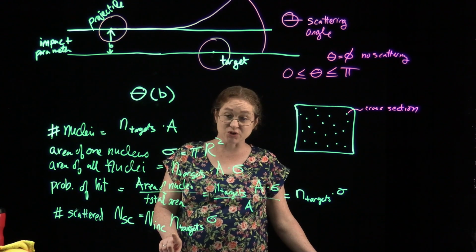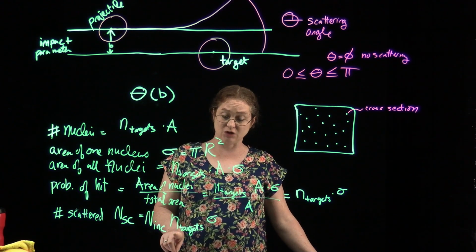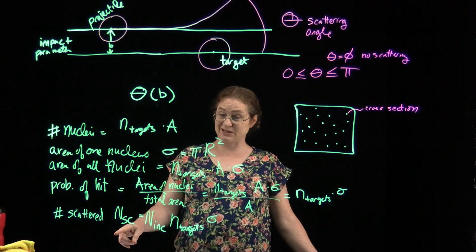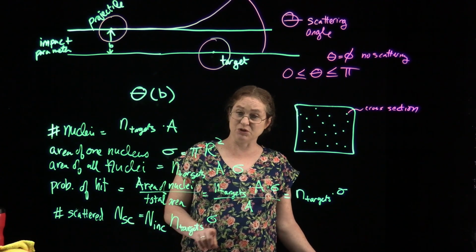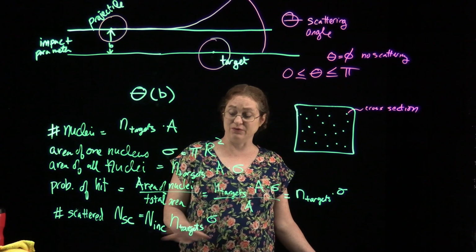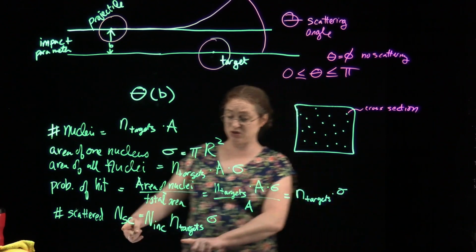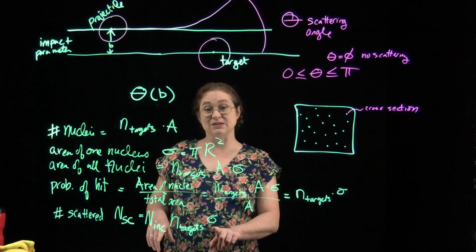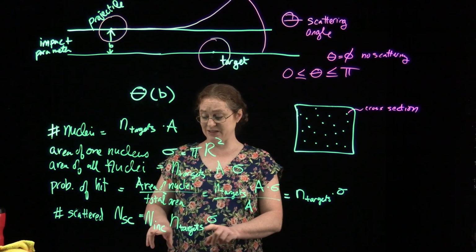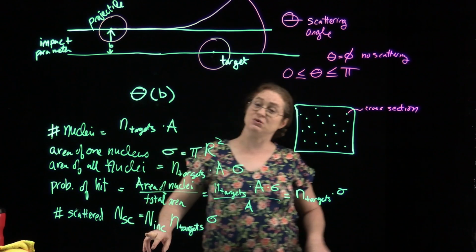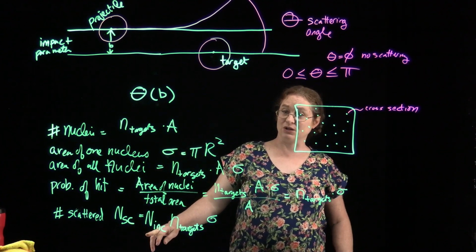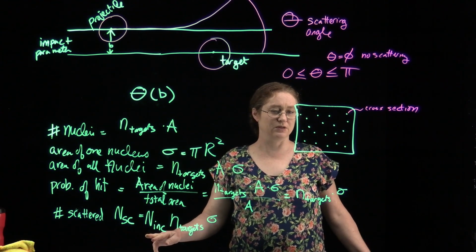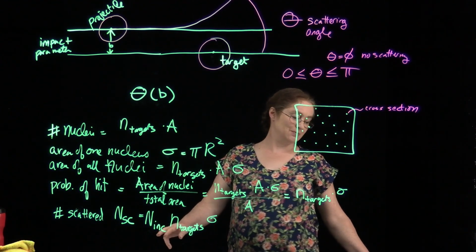We can measure the density of targets, and we can measure the number of scattered projectiles, which means that we can measure these two things and control or measure this, and that means that we can get this cross section. I say control or measure because sometimes you have a source that you can control, and sometimes you have a source and you can't control it, but you can at least measure it.